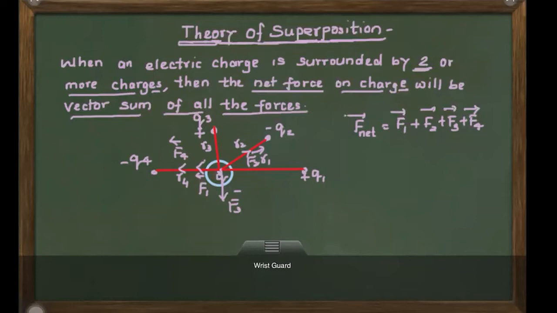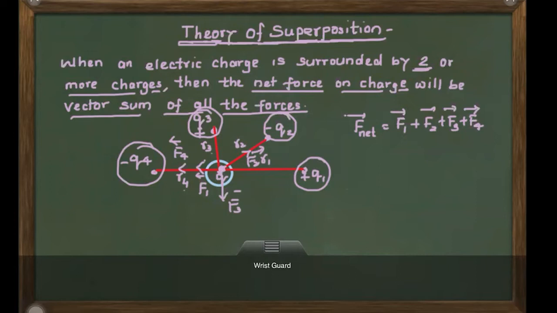See, here I'm going to take a charge Q. This is the charge which is surrounded by charge number 1, Q1, charge number 2, minus Q2, charge number 3, plus Q3, charge number 4, minus Q4. And they are at the distance R1, R2, R3, and R4.